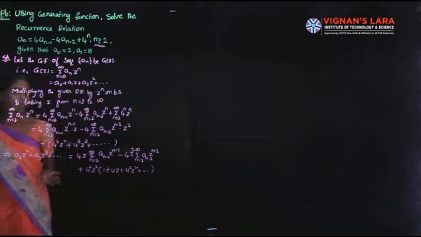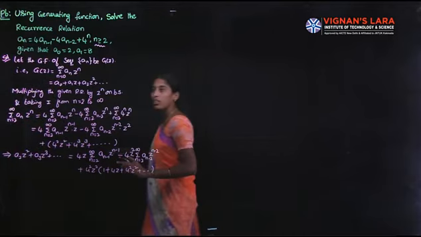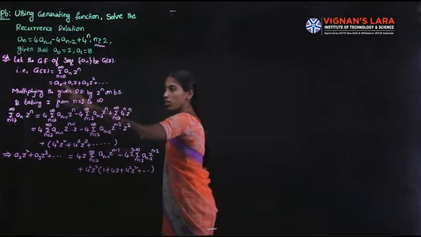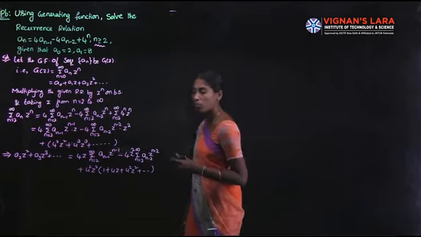So the left side starts with a2 z^2, but in the generalized form of G(z) it starts with a0 + a1 z. So the first two terms are missed here.